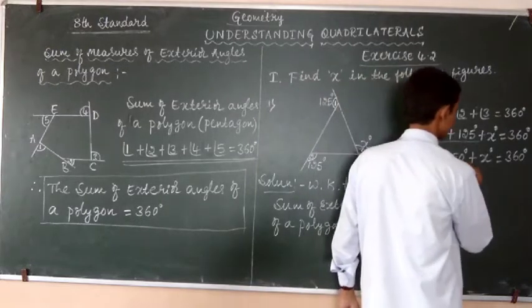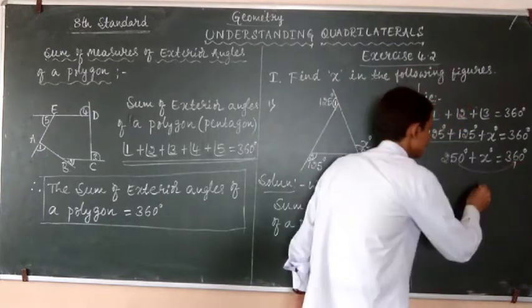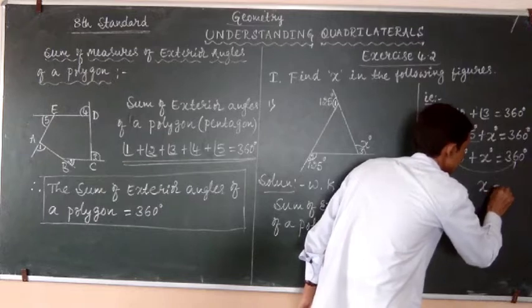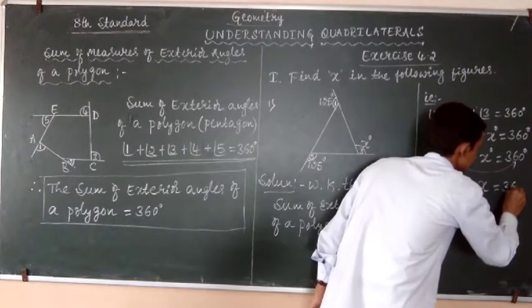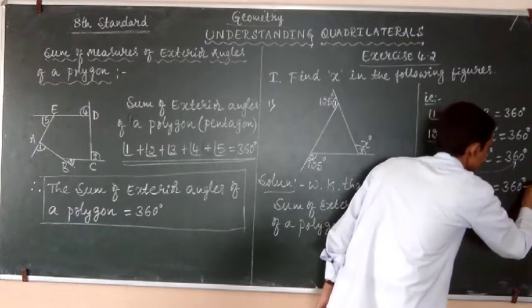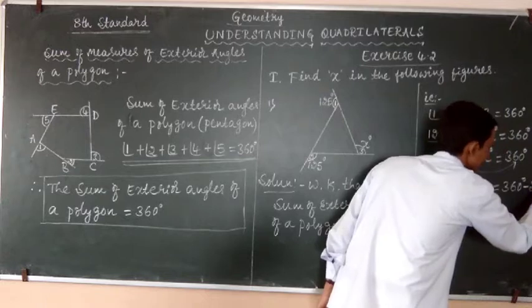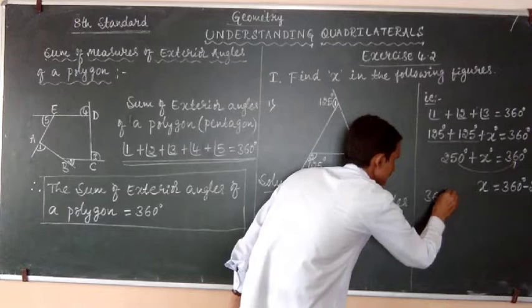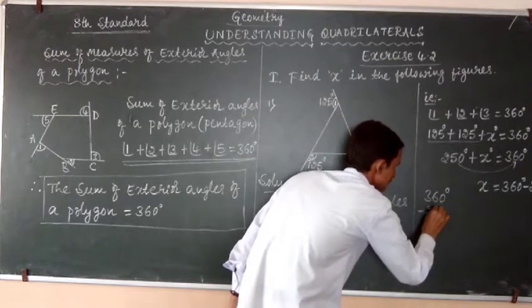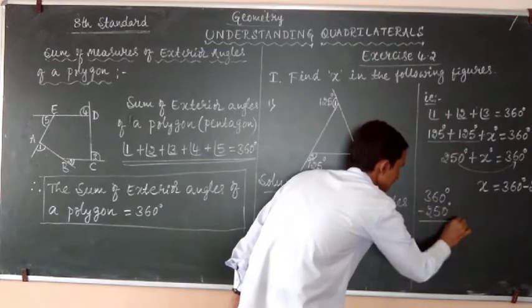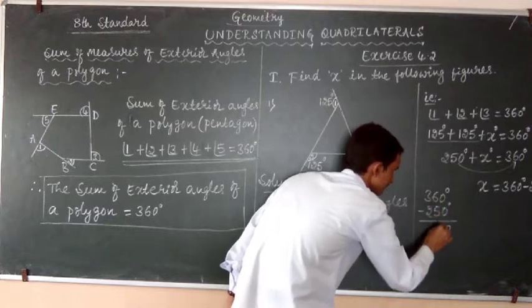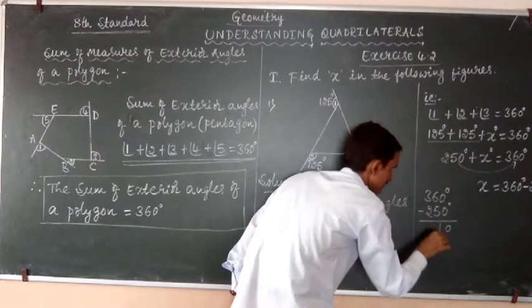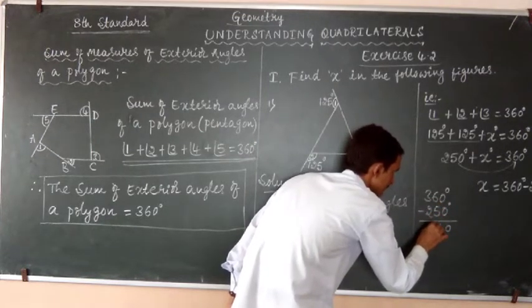Now we have to find the value of x. Therefore, transfer this 250 to the right side. We get x equals 360 degrees minus 250. If you subtract 360 minus 250, you get 0, then 6 minus 5 is 1, 3 minus 2 is 1.